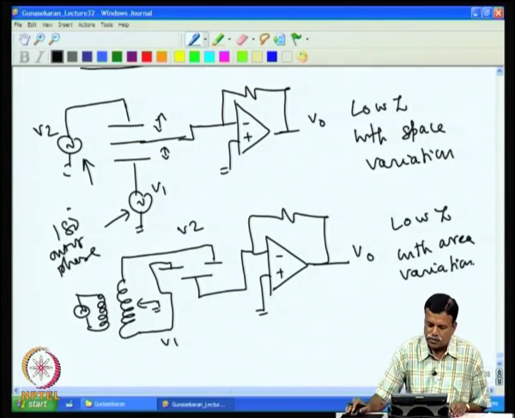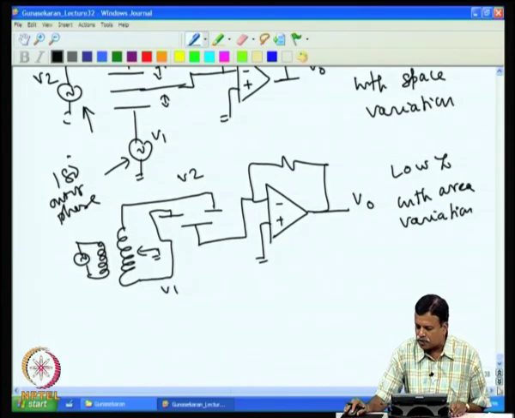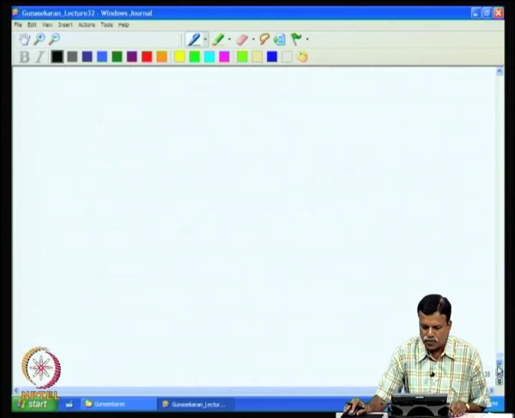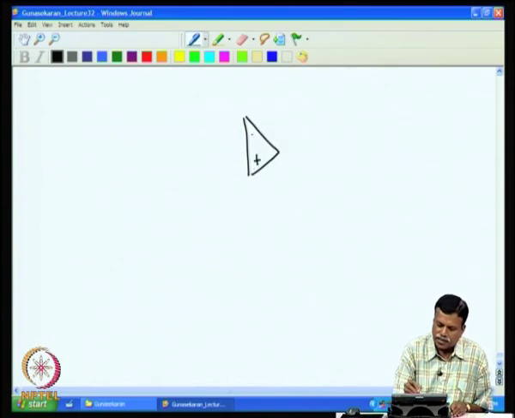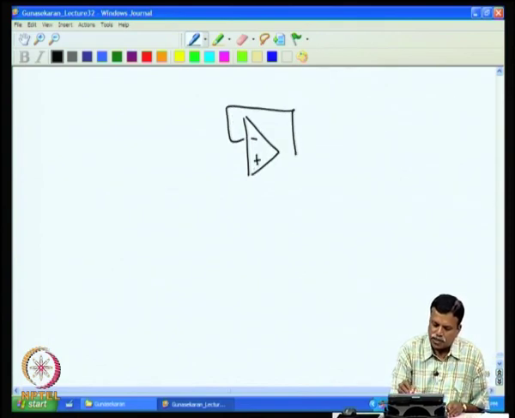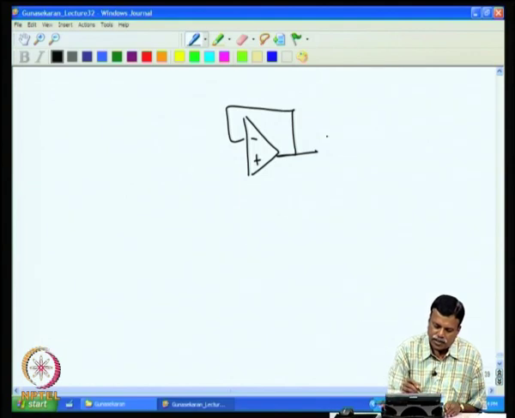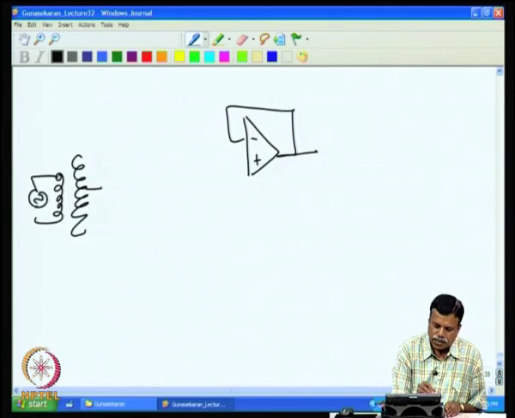Then similarly there are 2 other methods, where we use the same technique in the high impedance amplifier stage. So, I can use a high impedance amplifier, and then we can have the same 2 techniques, that is we can have the excitation voltage here and then the 2 voltages.